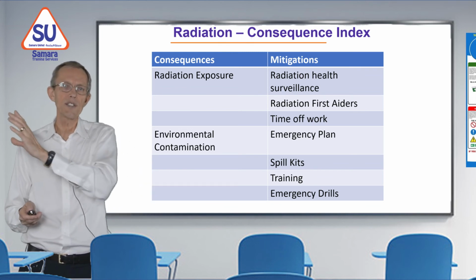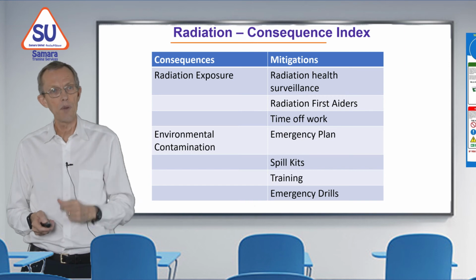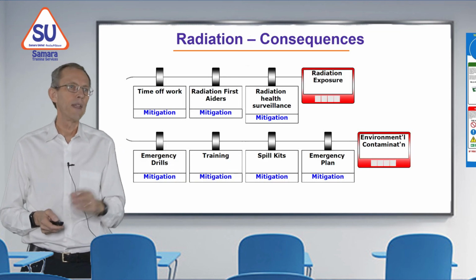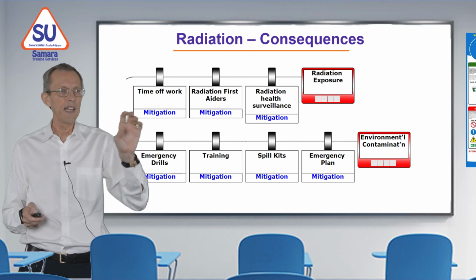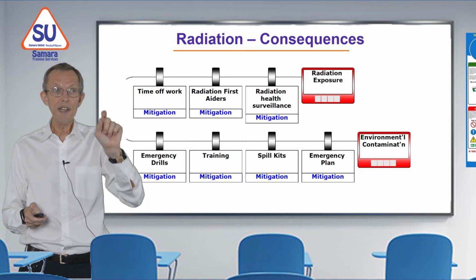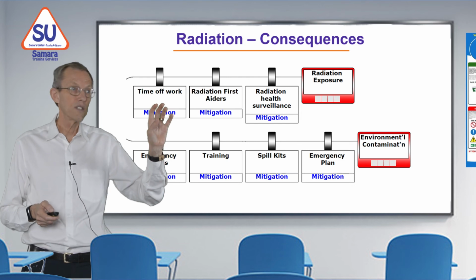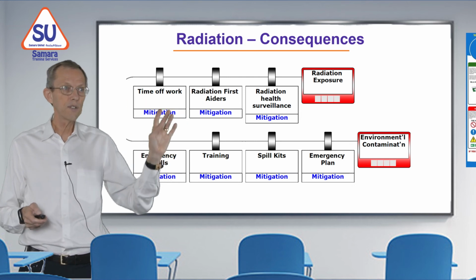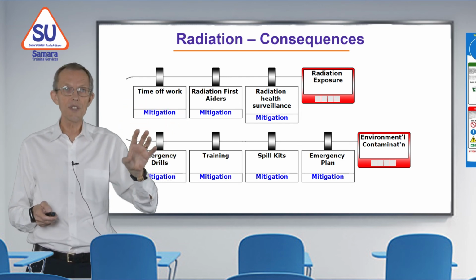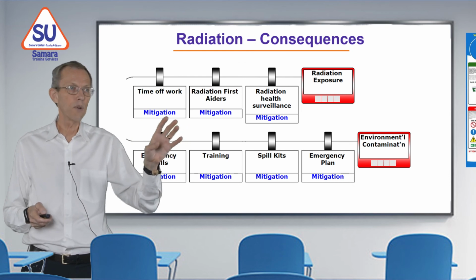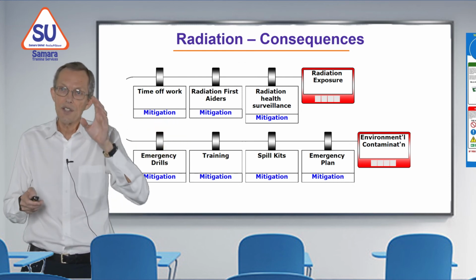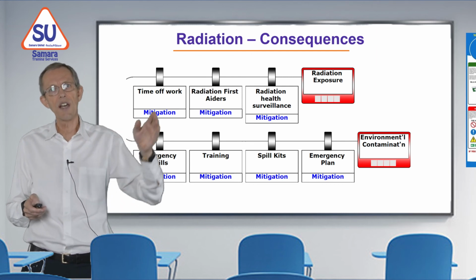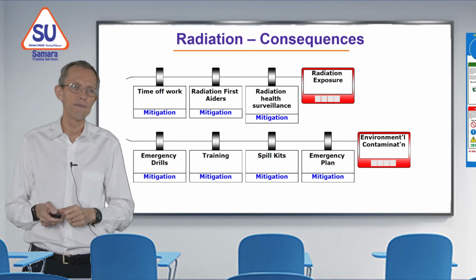If we put that on a bow tie diagram, we have 2 consequences in red, and each has got controls. So the radiation exposure on the top has time off work for the individual. We have radiation first aiders to manage the person, and we have radiation health surveillance so that the exposure is less harmful than it might otherwise have been.